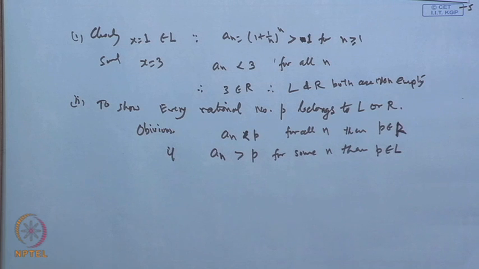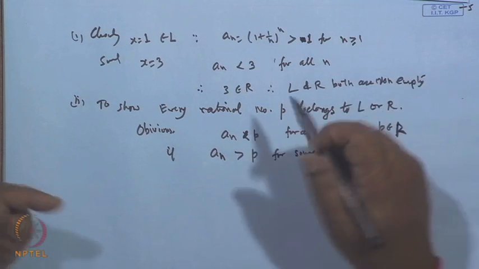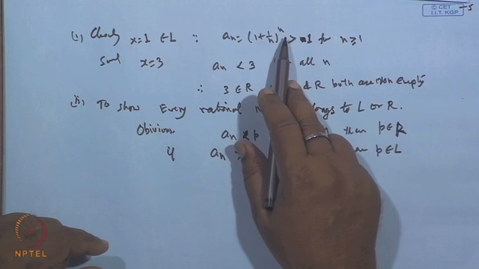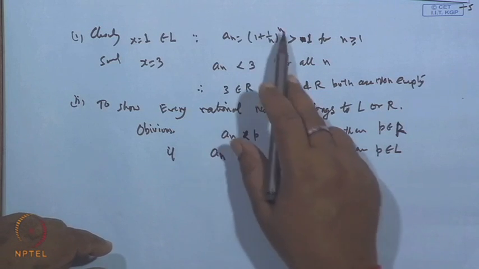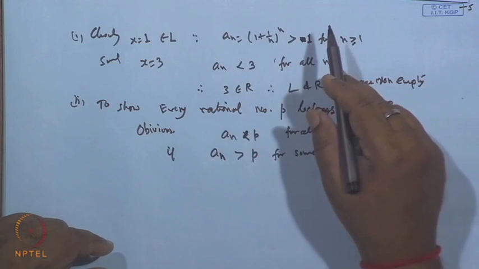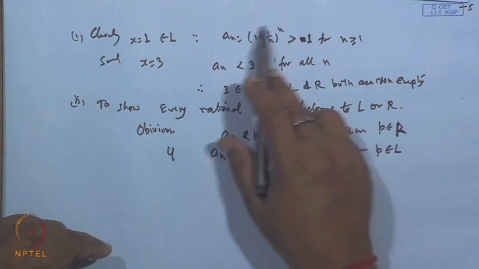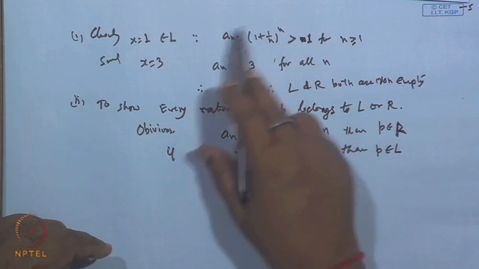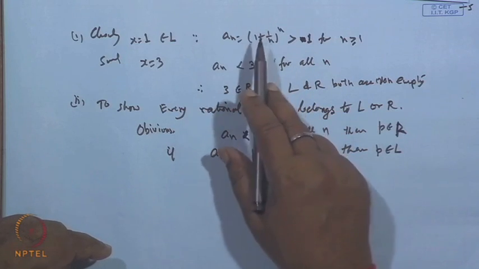So, take any p, suppose I take p any number, say 2, then you can say 1 plus 1 by n to the power n. Then you can choose n in such a way that after a certain stage it will satisfy this condition, because the limiting value of this, e, lies between 2 and 3.